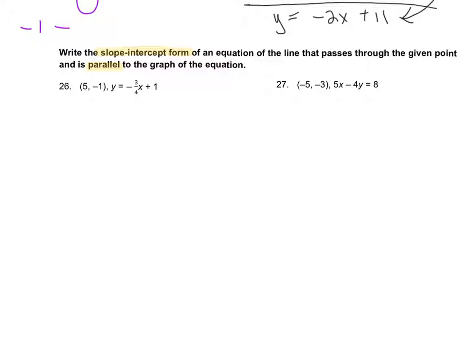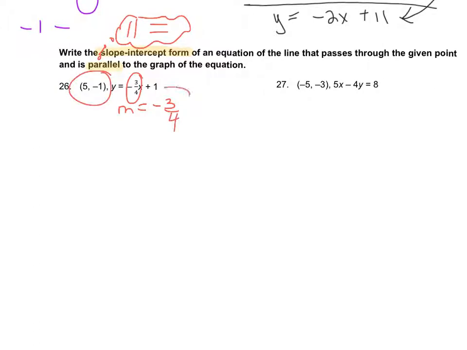So they're telling me that my new line is parallel to the equation they're giving me. So hopefully you remember, parallel lines have equal slopes. Perpendicular has opposite reciprocal. Well, the slope of the line I'm parallel to is negative 3/4. So my new line's slope is also negative 3/4.